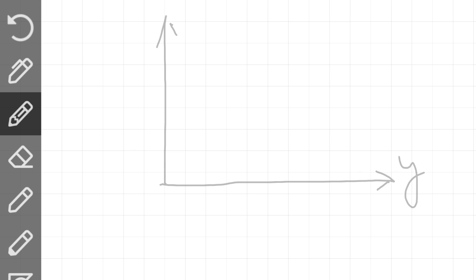We consider the y coordinate of the rectangular coordinate system. Here is the y coordinate, and here is the z coordinate of the rectangular coordinate system.